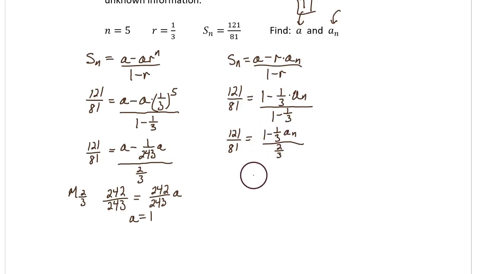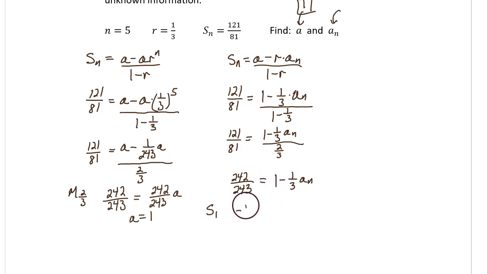Like last time, we can multiply by 2/3 on both sides to get rid of the dividing by 2/3. So this is 242 over 243 equals 1 minus 1/3 a sub n. Now subtract 1 from both sides to get rid of this 1 right here.